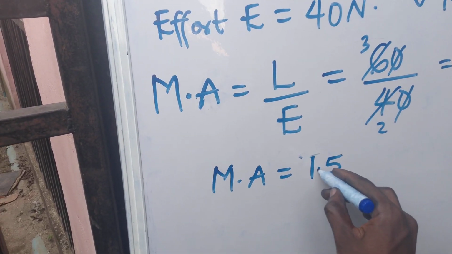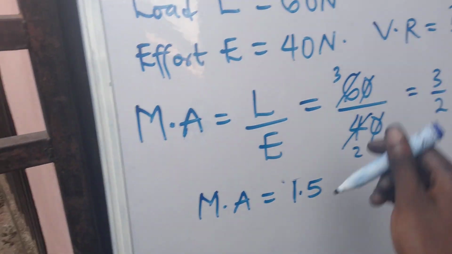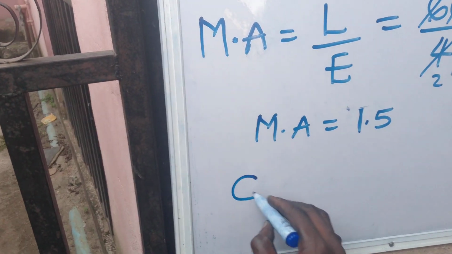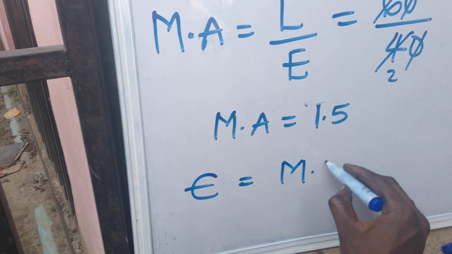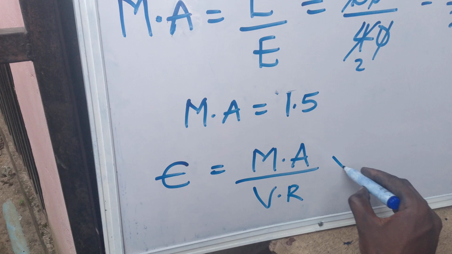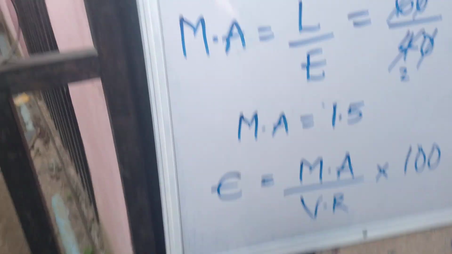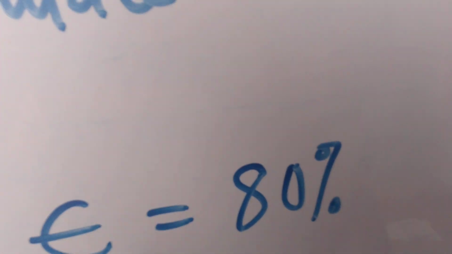That's 3 over 2 or 1.5. Now I can then look for the velocity ratio. We know that efficiency is equal to mechanical advantage divided by the velocity ratio, multiplied by 100. We are given an efficiency of 80%.